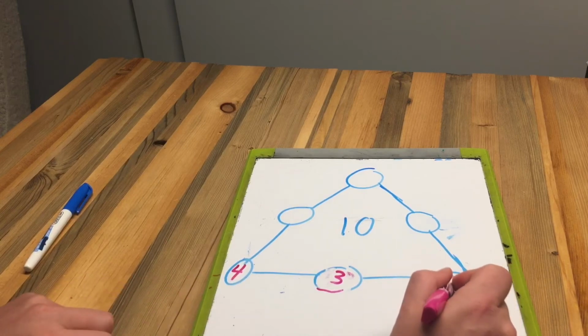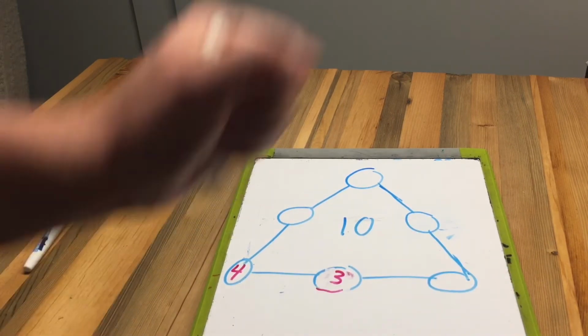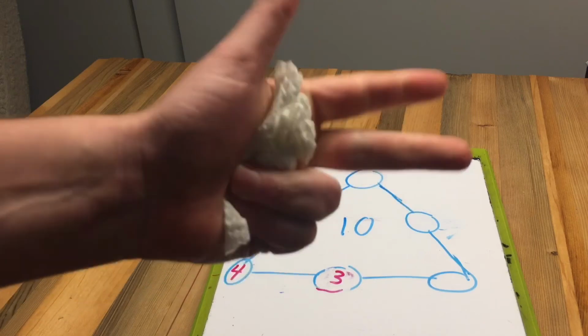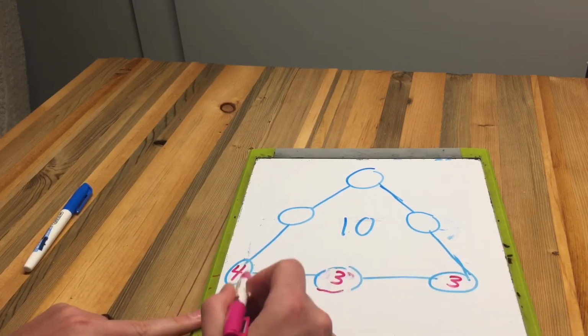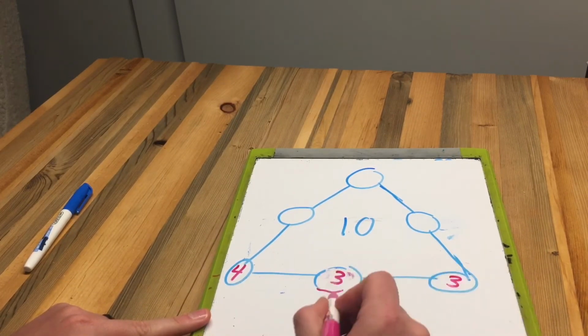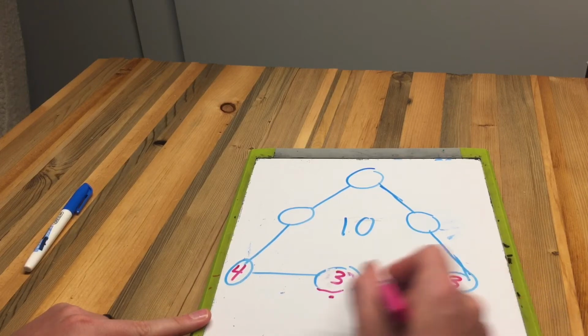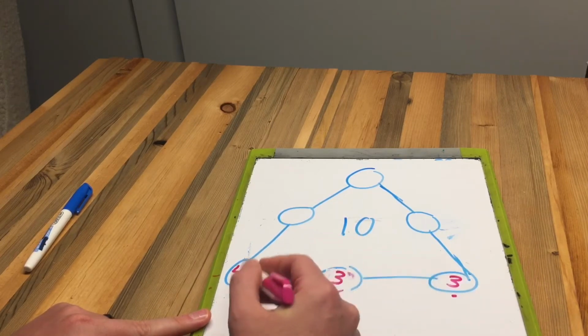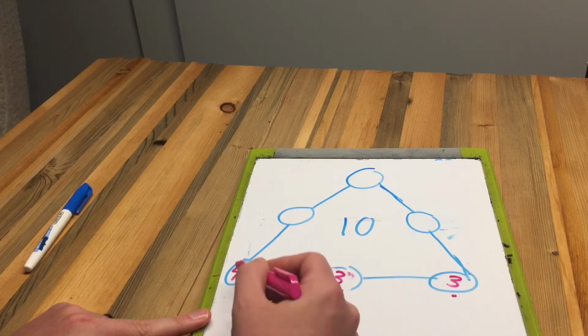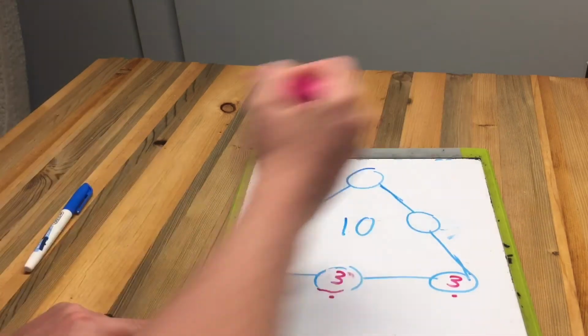How many more do I need to make 10? So I'm at 7, 8, 9, 10. 3. So I have 4, 3, and 3. You're allowed to use 3 twice on this side, but if I have a 4, 3, and 3 here, this side cannot be a 4, 3, and 3.